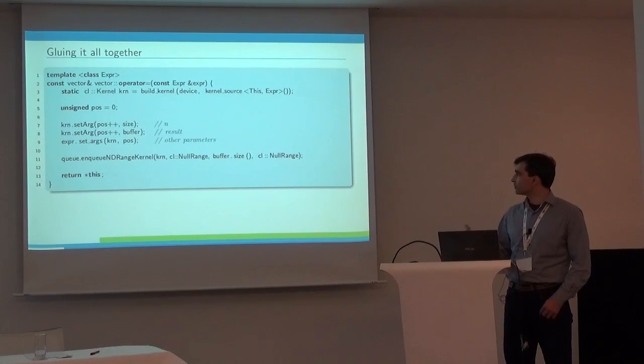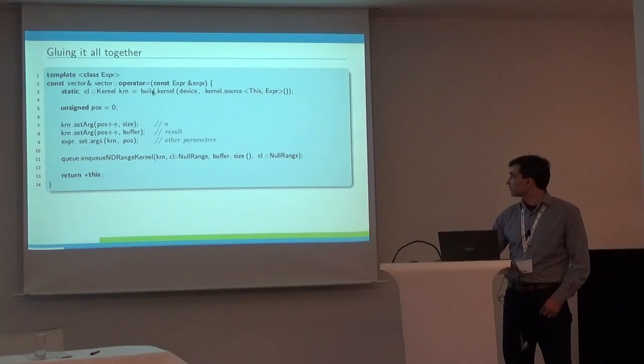So to glue it all together, the magic happens inside the assignment operator. When we want to assign to our GPU vector an expression of type expr, we create a kernel. We call this kernel source function with this type and export type as template parameters.